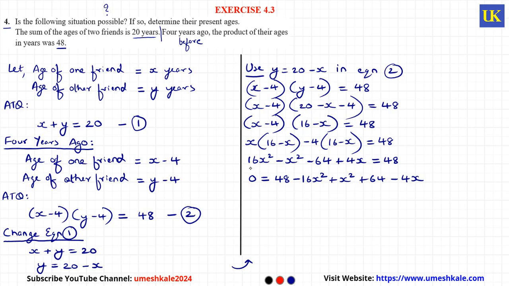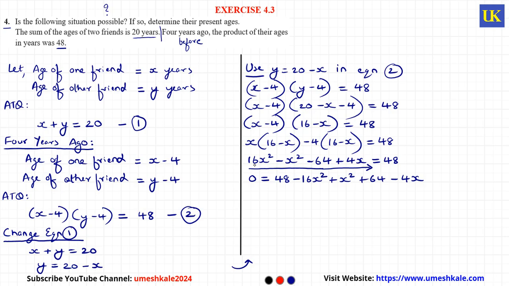So what I did was I sent all these things to the other side. Before the equal sign nothing is there now, so I wrote 0 is equal to, and 48 as it is, and then because all these things are going to the right hand side, I changed the signs for all these numbers here.